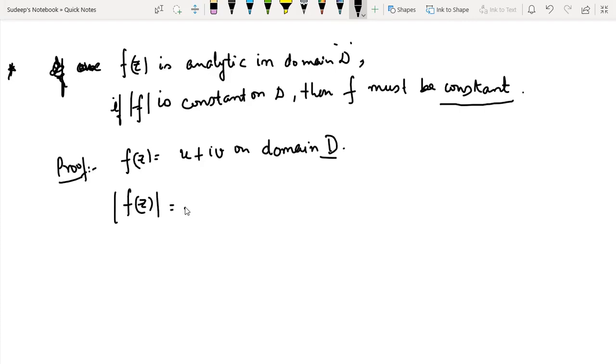It is given it is equal to k. So I would prefer to write it in square, like u square plus v square is equal to k square. Since mod f(z) is given to be equal to some constant on D, u square plus v square is equal to k square. Is that fine?